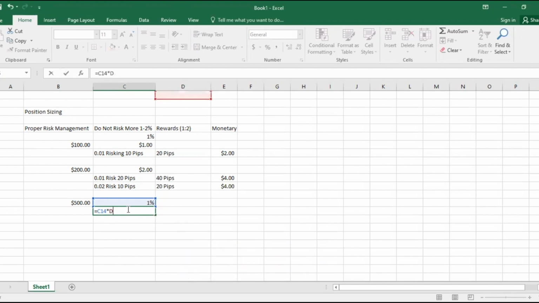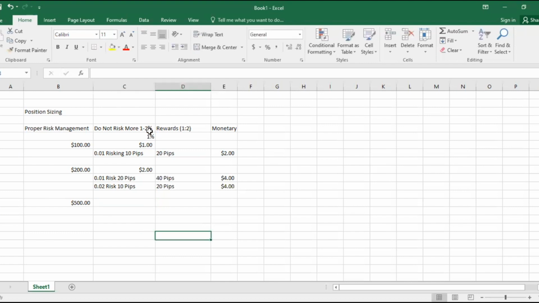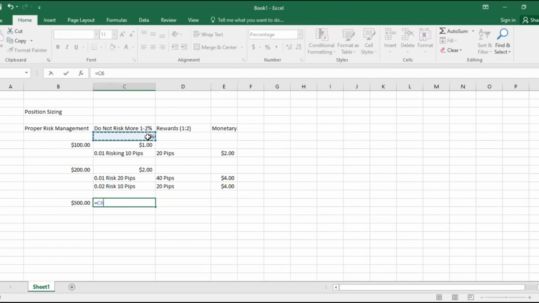We already have the percentage here, so we are risking 1%. 1% multiplied by 500 gives you $5. So you'll be risking $5, right?